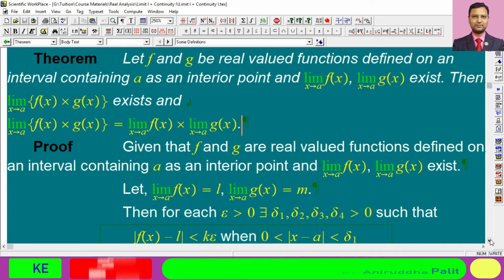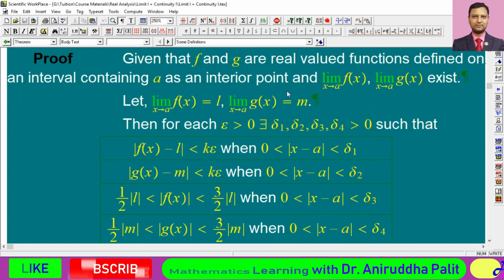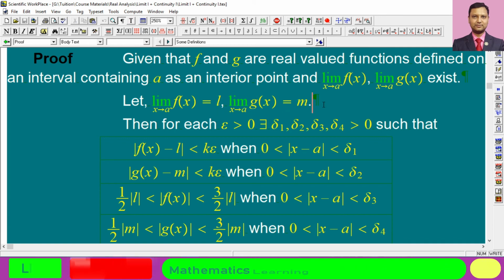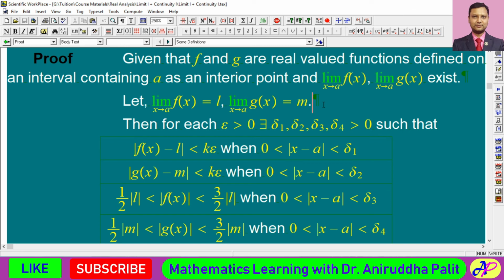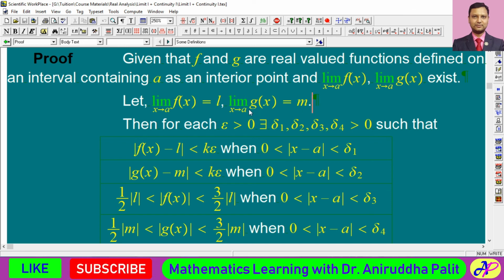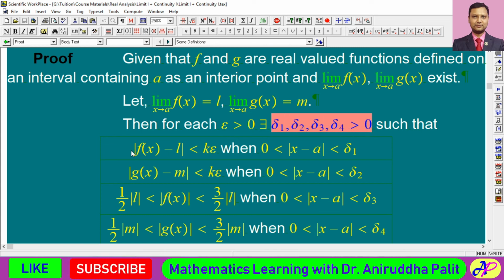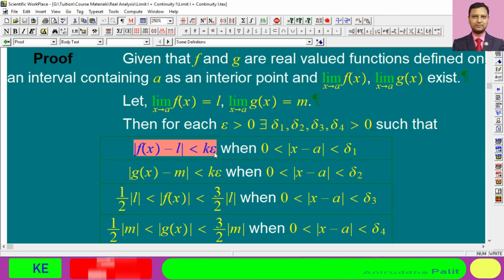In order to prove this result, we first assume that limit x tends to a f(x) is equal to L and limit x tends to a g(x) is equal to M. And we now apply the previous results along with the epsilon delta definitions. We can say that for each epsilon greater than 0 there exist four numbers, delta 1, delta 2, delta 3 and delta 4, such that modulus of f(x) minus L is less than k into epsilon.